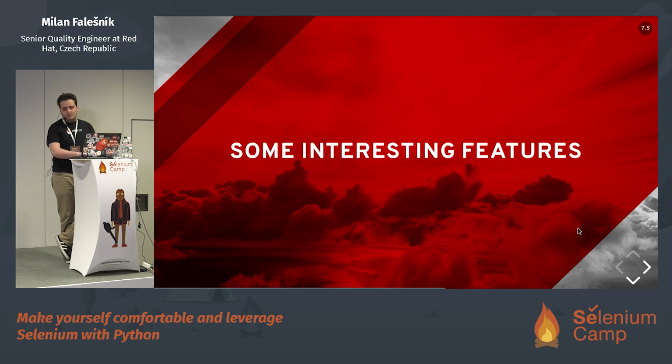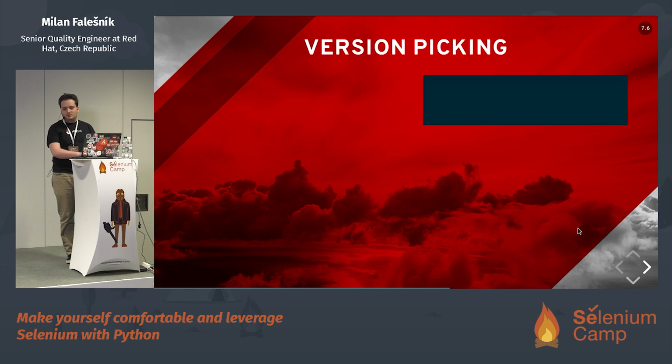What we have for features, and some people found them quite novel, is, for example, version picking. Because there are so many changes in text in the UI that we don't keep separate branches for versions, because we would have a ton of branches.